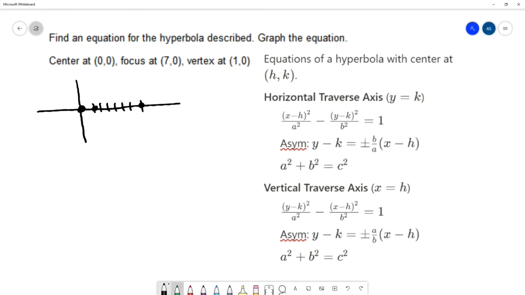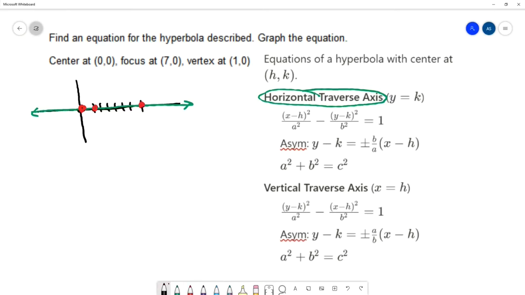I can see that these 3 points are lining up horizontally, so I know that I'm going to have a horizontal transverse axis. That transverse axis does contain the important points of the center, the vertex, and the focus.